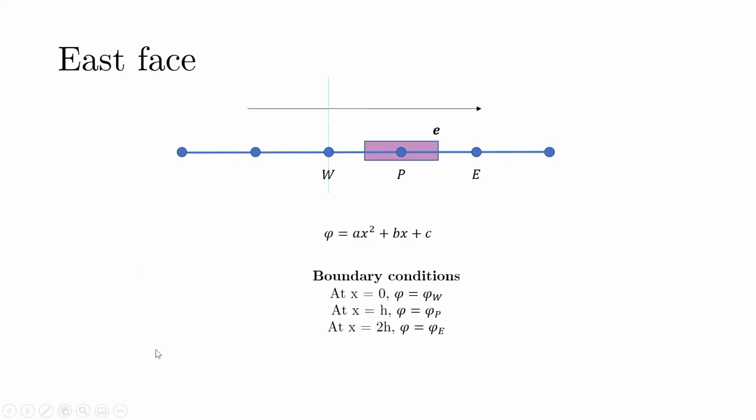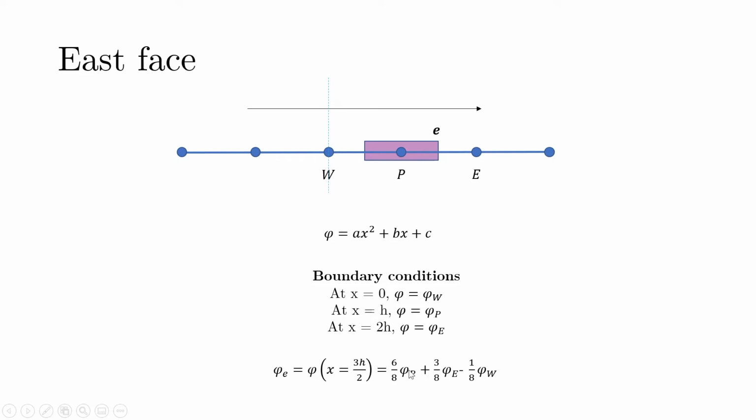Now we have this particular scheme, ax square plus bx plus c, 3 unknowns and 3 boundary conditions. That gives me the values of a, b and c. And again, just like previously, we can obtain phi at small e from this by evaluating at x equals 3h by 2. From my origin, this east face is lying at a distance of 3h by 2.